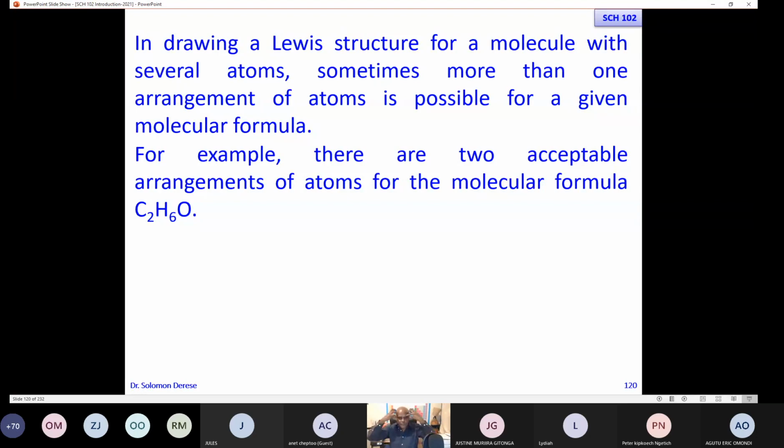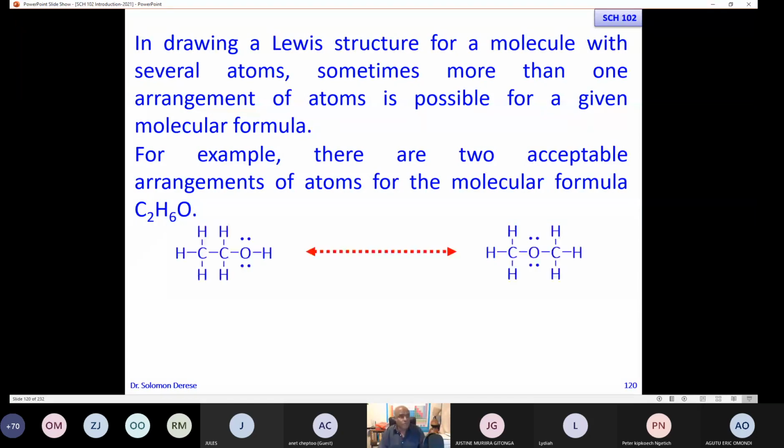So it is possible that you can have a number of acceptable arrangements of atoms for a molecule with a particular molecular formula. For example, if you take C2H6O, in one case, it can be organized like an alcohol, ethanol, okay? In another way, it can be organized like an ether.